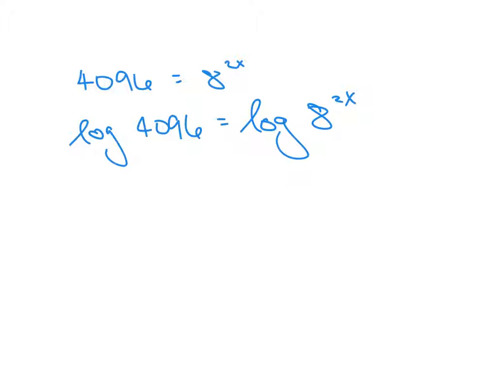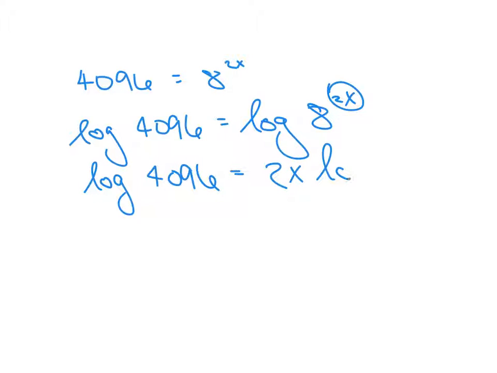Okay, next step. Use the logarithmic property to remove the variable from the exponent. Okay, remember that? If we have an exponent, we have log 4096 equals, we put that in front. Okay. Once we do that, we are going to divide both sides by this 2 and this log 8, leaving my x by itself.